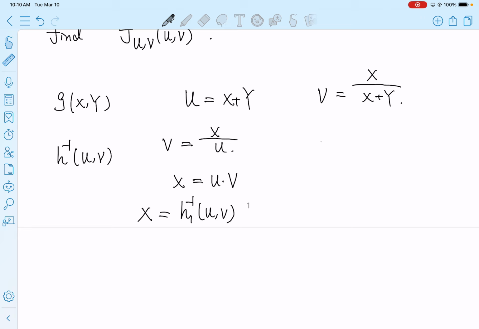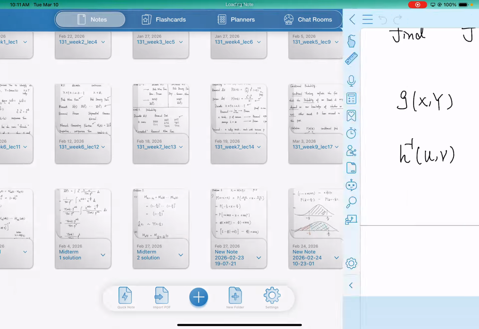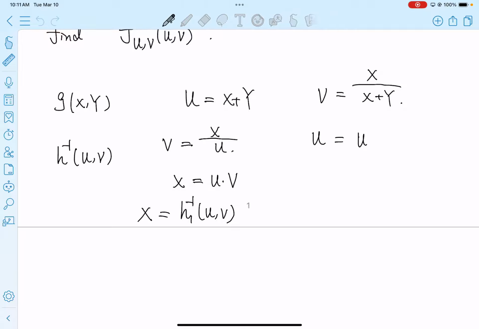Here we know that u is equal to x plus y, and we also obtained the relationship that x is equal to u multiplied by v. But now we have a formula for x, so let's replace the x in this equation by the new relationship: x is equal to u times v.